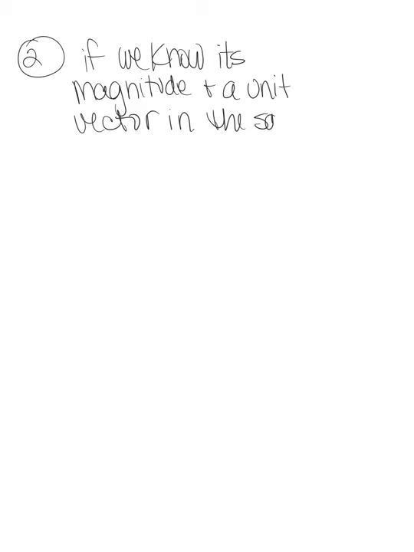The second way we have to write a vector is if we know its magnitude and a unit vector in the same direction. And this came from the way we normalize a vector.